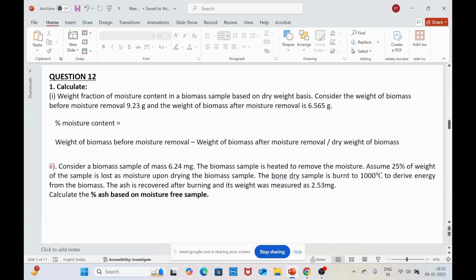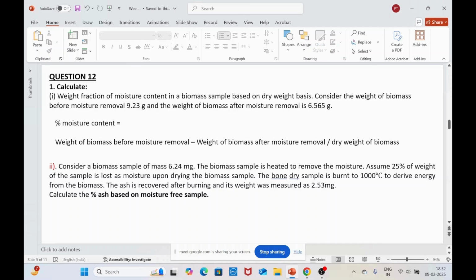Here we are asked to calculate the weight fraction of the moisture content in a biomass sample or biomass waste based on dry weight basis. Consider the weight before moisture removal as 9.23 grams and weight of biomass after moisture removal as 6.565 grams. So you are supposed to calculate the percentage of moisture content based on dry weight basis.